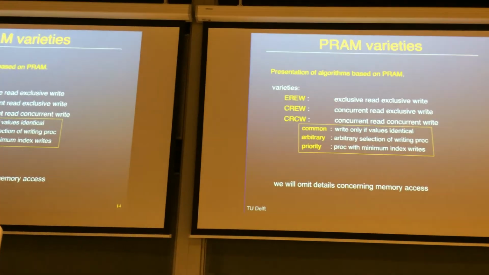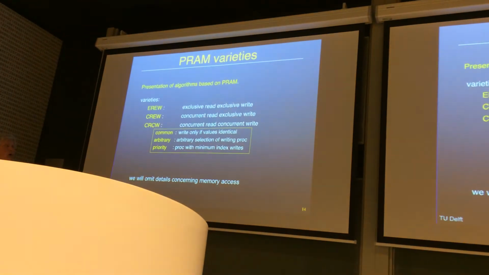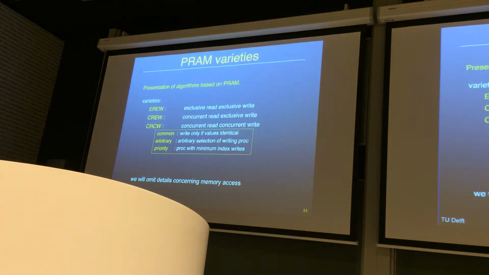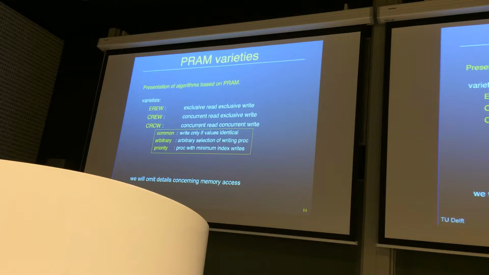We have the common variety, where you only can write to the global memory if the processes that are active to write use a common value, and so there is no disagreement between the values that are written to the shared memory. We have an arbitrary model where an arbitrary processor is granted to write to the shared memory.